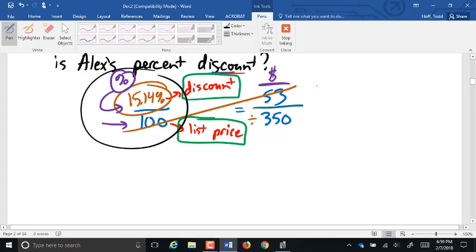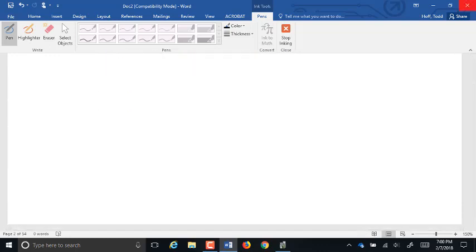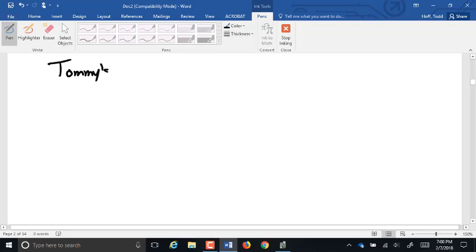The one side will always be percents. The other side won't always necessarily be dollars. For example, Tommy's Bakery produces 800 donuts each day.